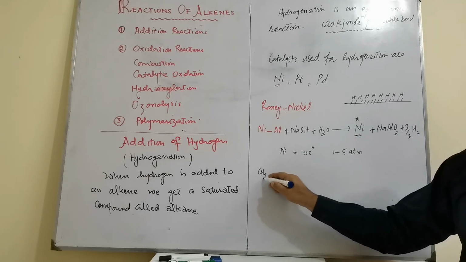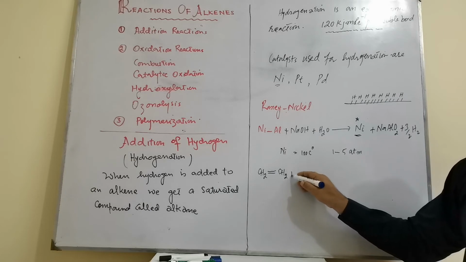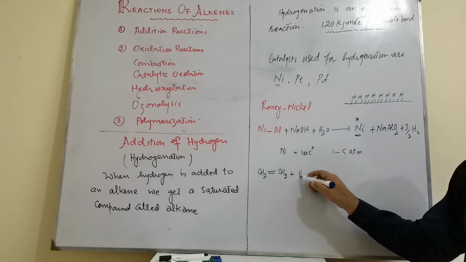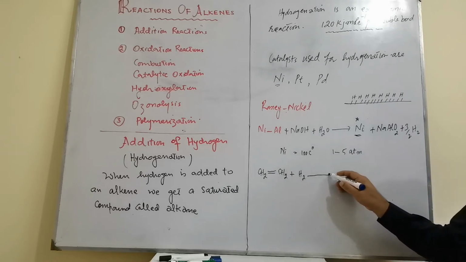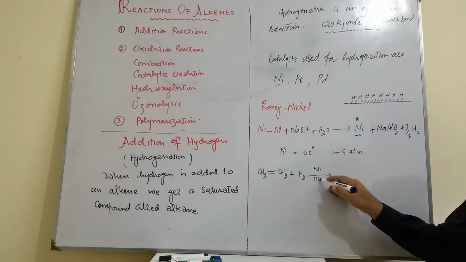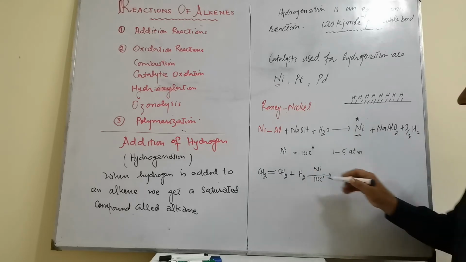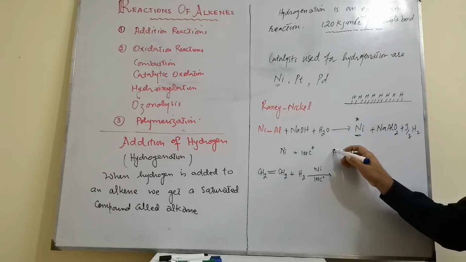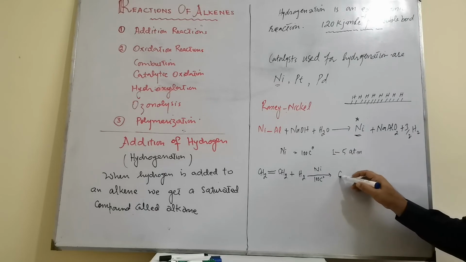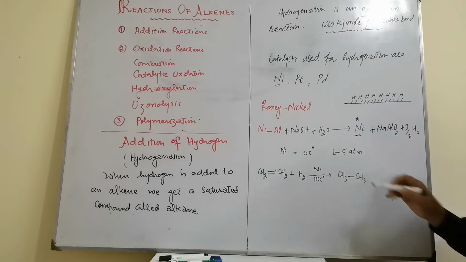Now we write the first reaction of hydrogenation here, that is ethene. We add hydrogen at the double bond. We are in need of nickel as catalyst, and only 100 centigrade temperature is enough at mild pressure, that is 1 to 5 atm only. We get ethane, that is a saturated compound.